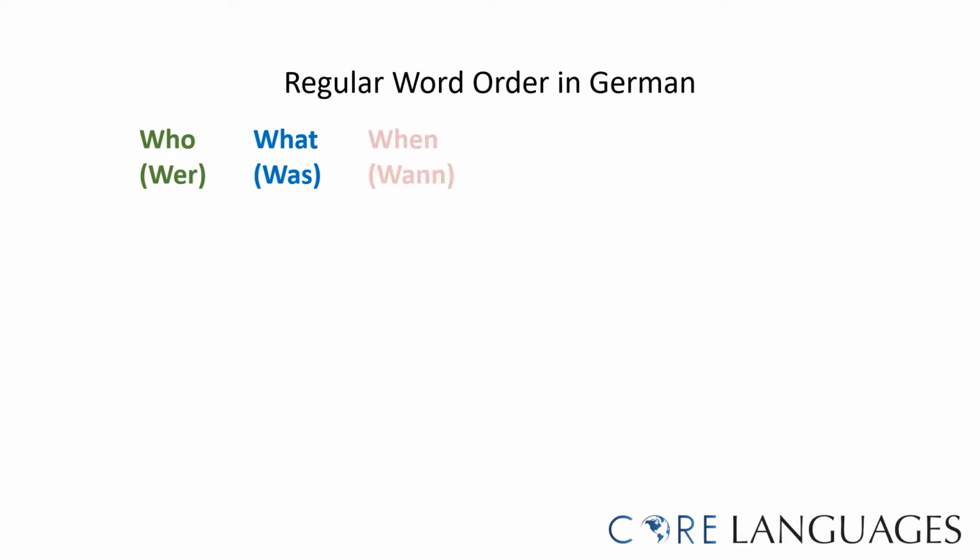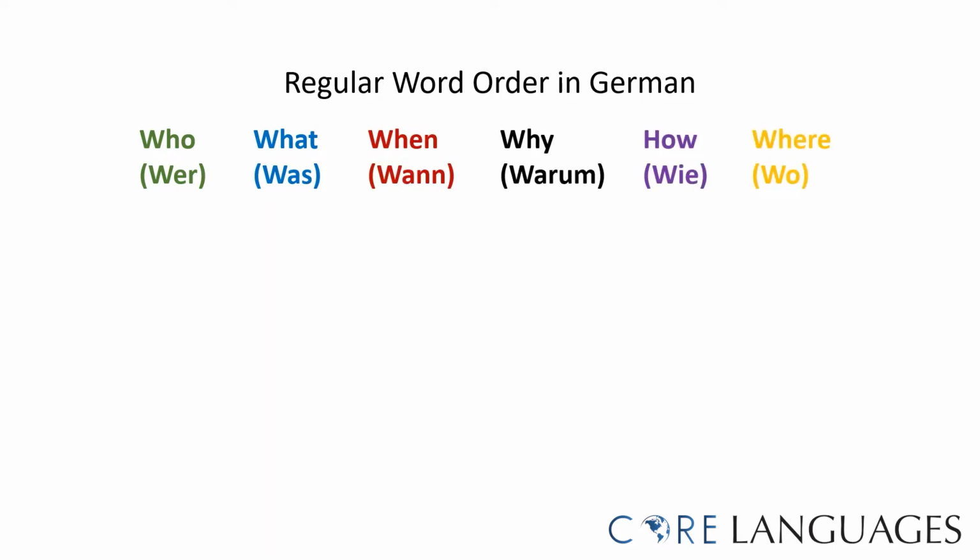But we can also add elements that tell us when, why, how, and where something is happening. In a sentence, we typically need a subject, which is the who element, and then we need a verb. What is it that the subject is doing? And then we often have the object, which is also a what element.